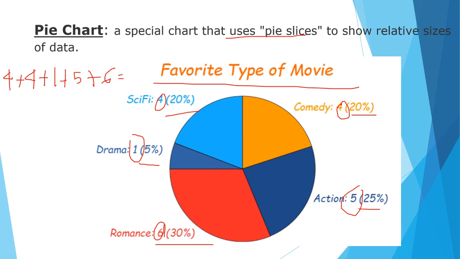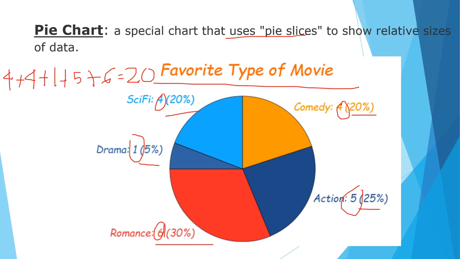So we have 8, 9, 14, 20. So ibig sabihin, you have 20 friends, no? Na kung kanino ka nag-survey. Okay? So you give the survey among your 20 friends.